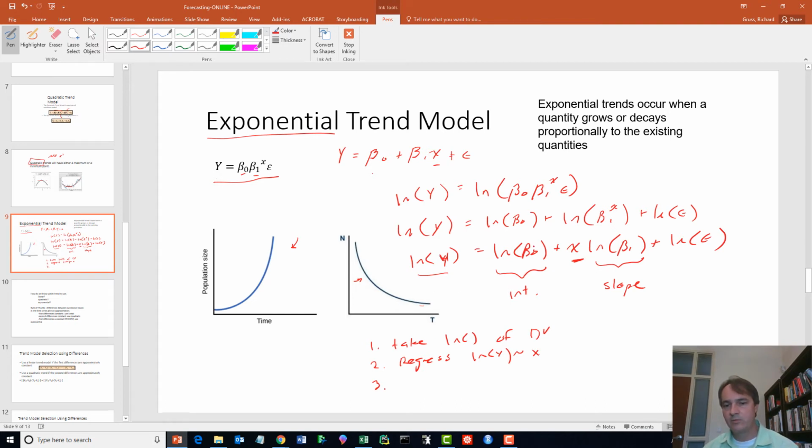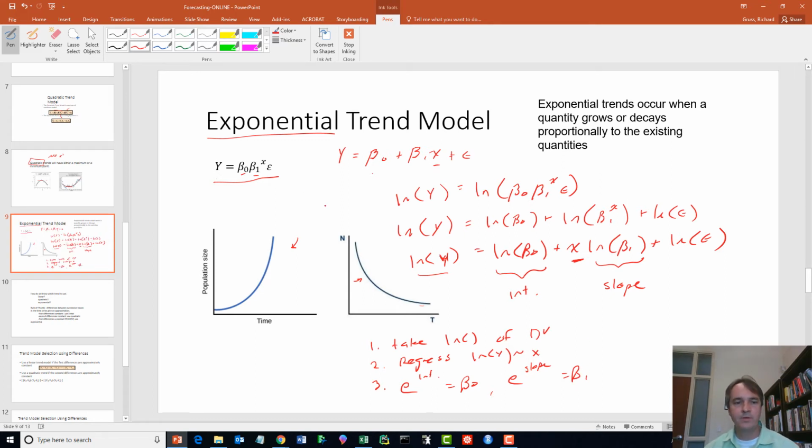To unwind this log of beta 0, you just take e to that intercept they gave you, and that's going to give you beta 0. Then to get this beta 1, you have to take e to that slope that it gives you back, and that's going to give you your beta 1.